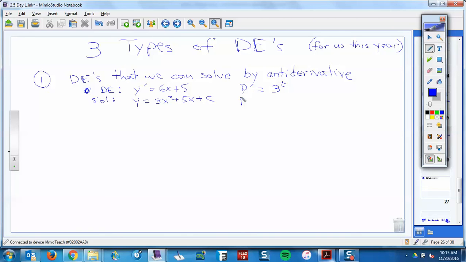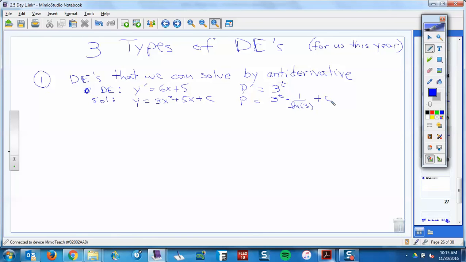Well, then the solution would be p equals what? 3 to the t. Yeah, not ln3 because that'd be the derivative, right? We're doing the antiderivative. So this means there must have been a 1 over ln3 sitting there. So when we check it, do the derivative, we tack on an ln3 and it cancels. And then plus c. Okay?